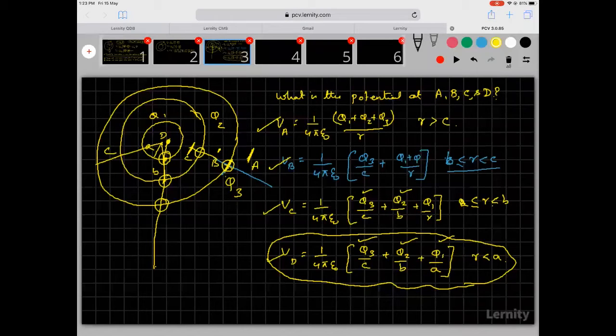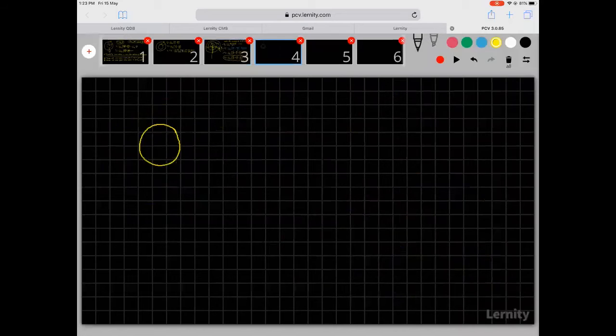I will repeat again. I have one sphere here, and one more sphere here. The potential at this point will be equal to the potential due to this sphere and the potential due to this shell. So it will simply be equal to 1 by 4 pi epsilon naught. Suppose this is q1, this is a, and this is q2 and it is b.